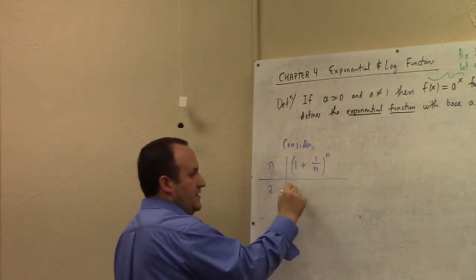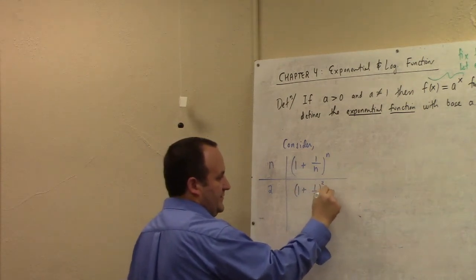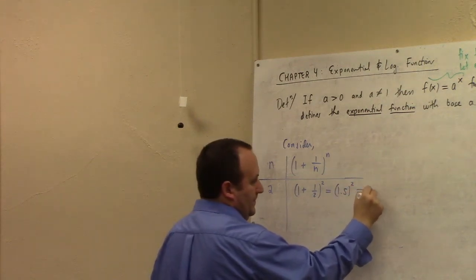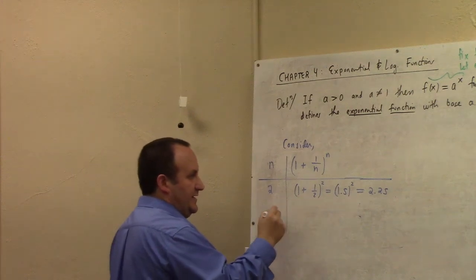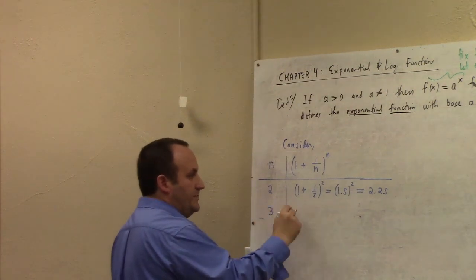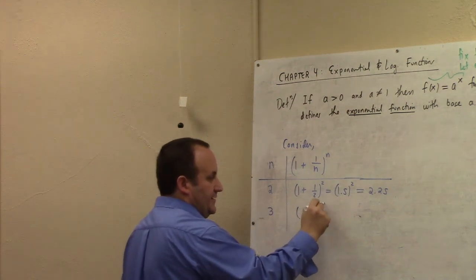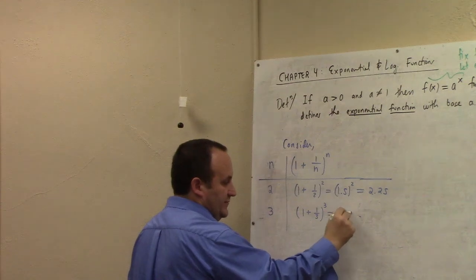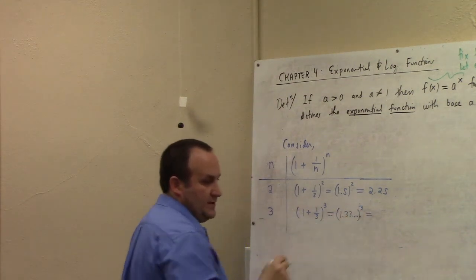What do we got? 1 plus 1/2 squared, that's 1.5 squared. So that's 2.25. What happens when we look at n equals 3? We get 1 plus 1/3 cubed, which is 1.333 cubed, which is going to give me what?